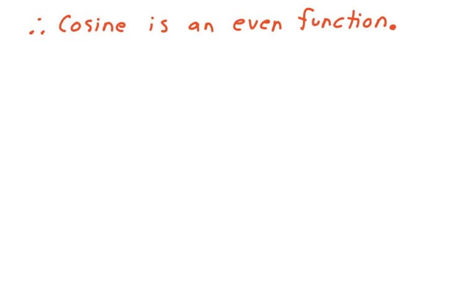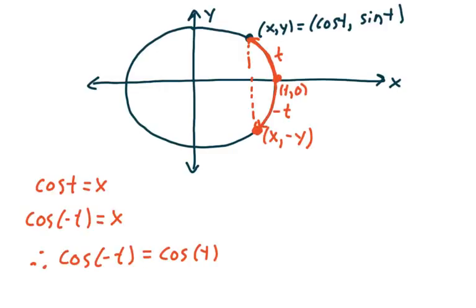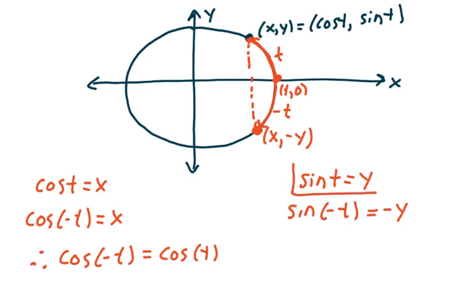Now, if we take a look at sine, so notice how sine t is y. Sine of negative t turns into negative y. But remember that y is sine of t. So I'm going to replace y with sine t. And so this is negative sine t.